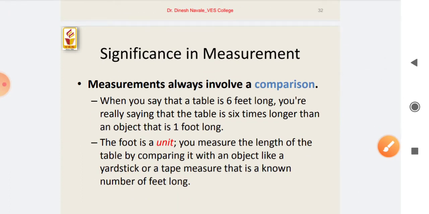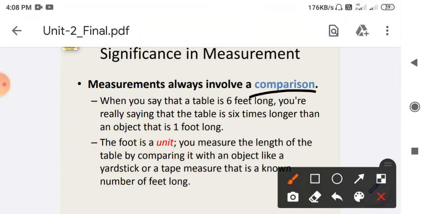Significance in measurement: measurement always involves a comparison between two values. Suppose in a chemical kinetics experiment we are getting various rate constant values, but the power of those rate constant values will generally lie around 10 raised to 5 for ethyl acetate hydrolysis with acetic acid. So a power of 10 raised to 5 is expected for the answer, and that is what we will check here.